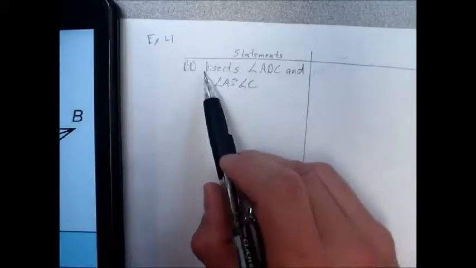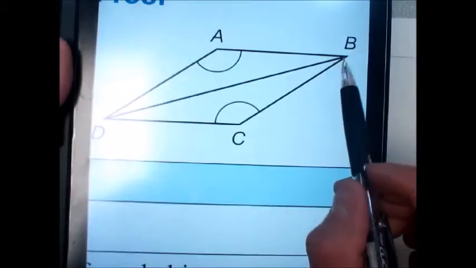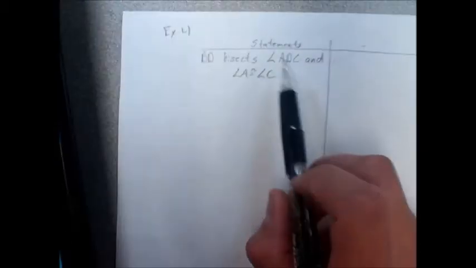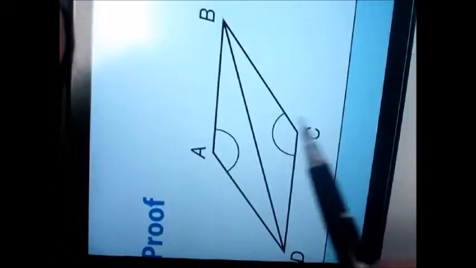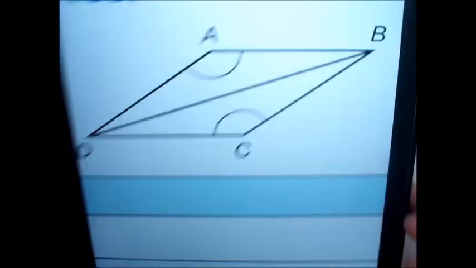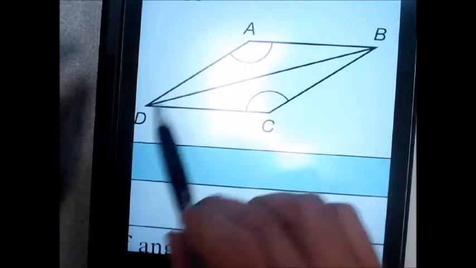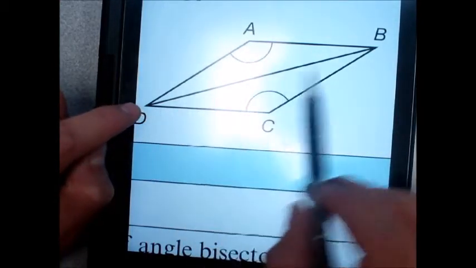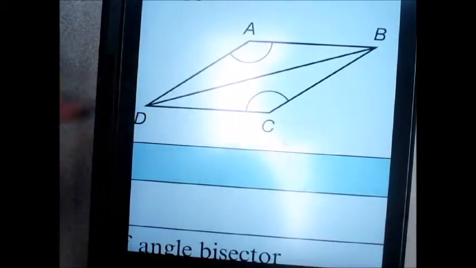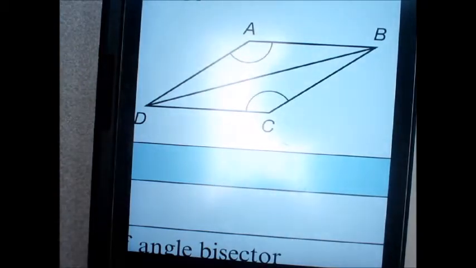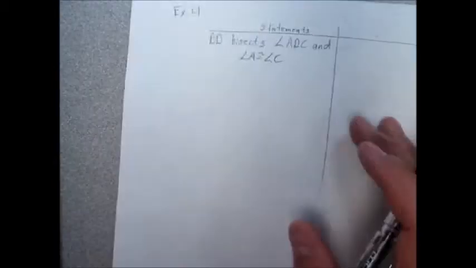So BD, which is this piece right here, bisects ADC. So it bisects this right here and creates two congruent angles. I can use that definition to my benefit here in a second.